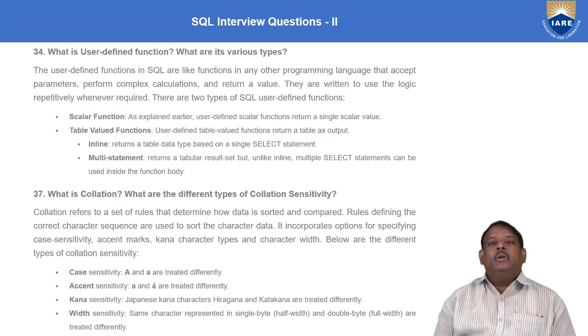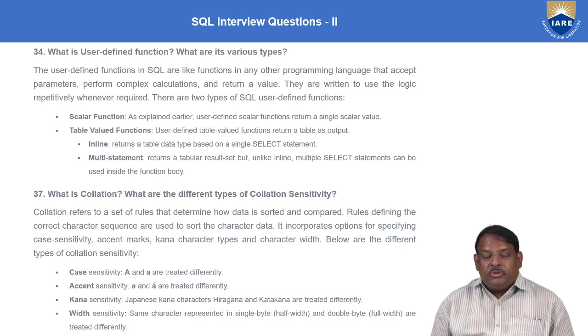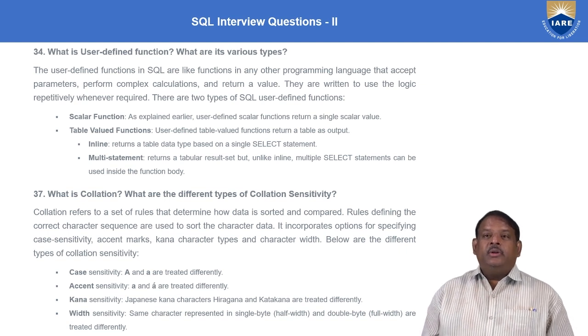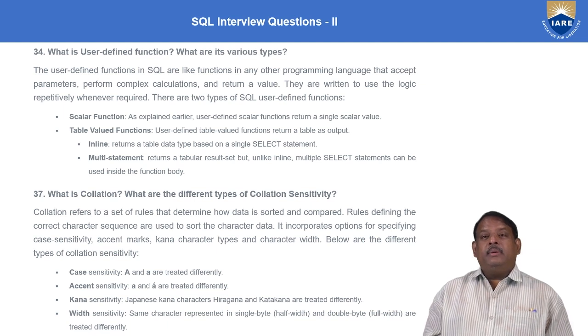Okay, what is collation and what are the types of collation sensitivity? Collation is related to your geographical settings. Collation refers to a set of rules that determine how data is stored and sorted.